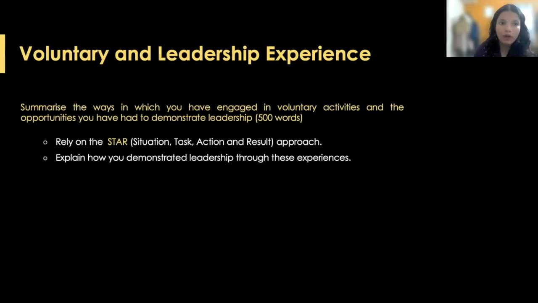And a good way to think about it is the STAR method, which is the situation, task, action, and result approach. Rather than just listing things that you've done so far, you can pick positions of leadership that you were in, talk about a particular challenge you had, what the task in front of you was, what action you took, and what the result was. So make it impact oriented or result oriented.